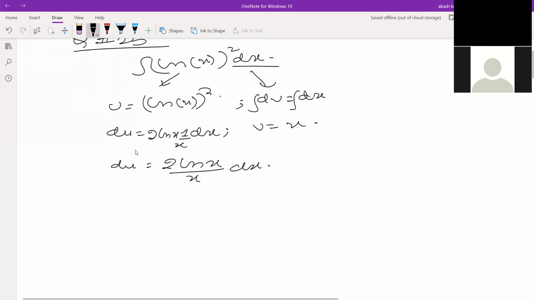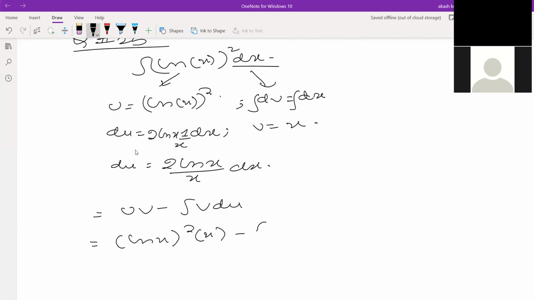The formula for integration by parts is uv minus integral of v du. So u is ln x whole square, v is x, minus integral of v du, which is x times 2 ln x over x dx.